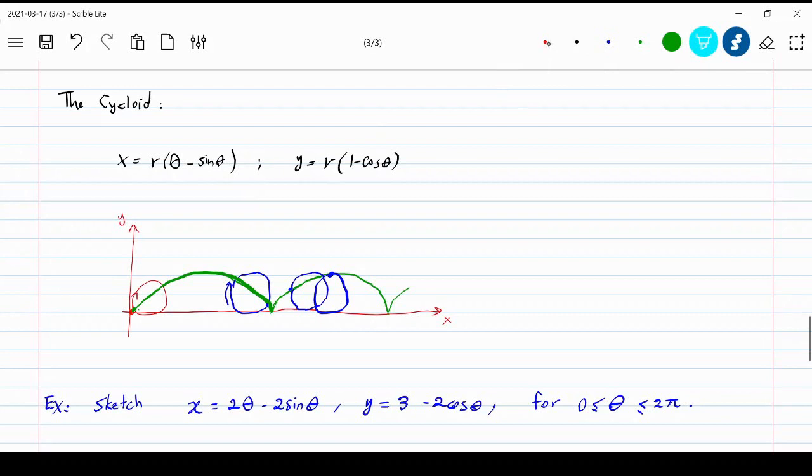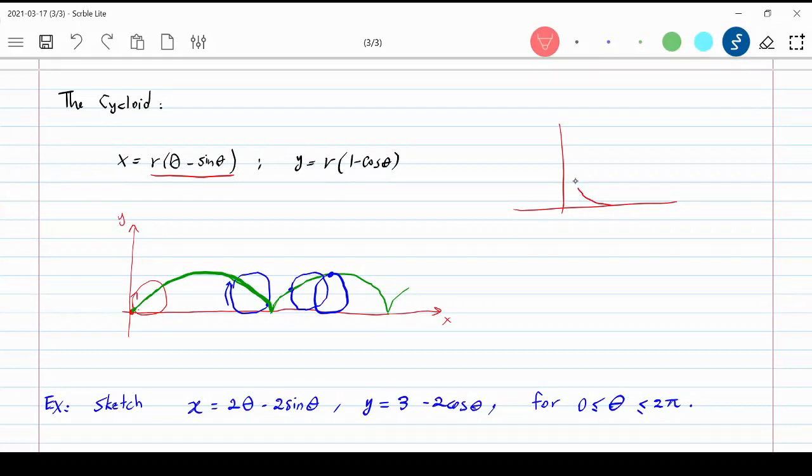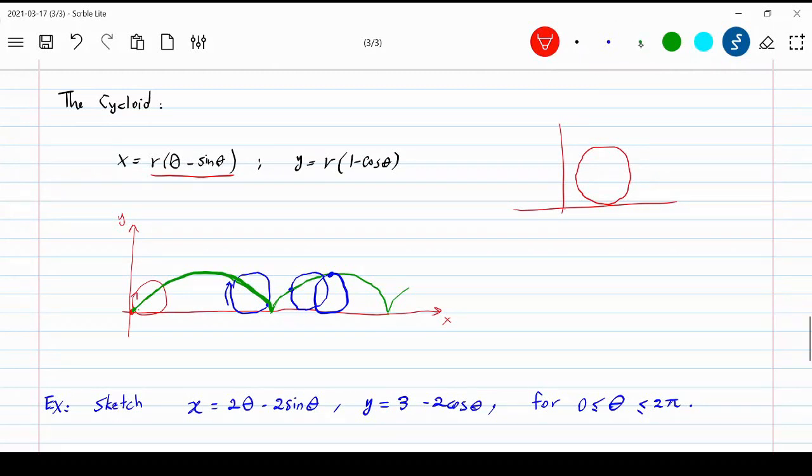And the expression representing the x coordinate is basically r theta minus r sine theta. It's not difficult to see. Let's say we have a circle, and you're looking at this point somewhere here.